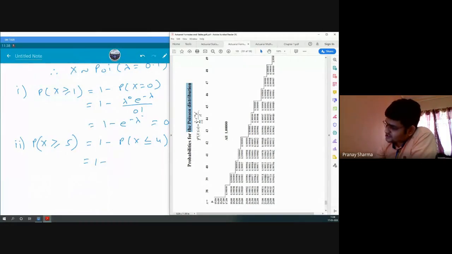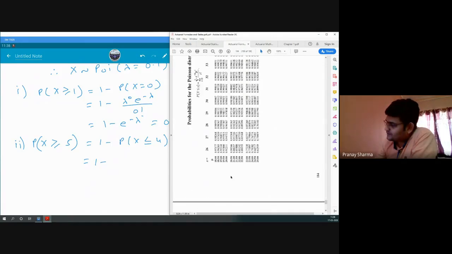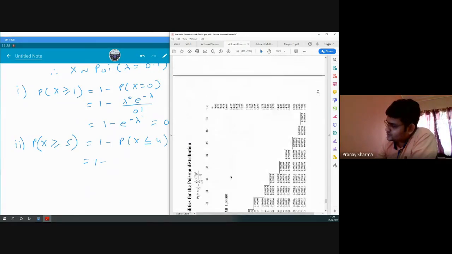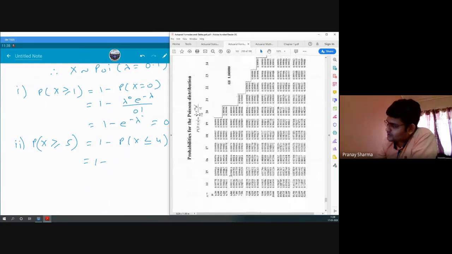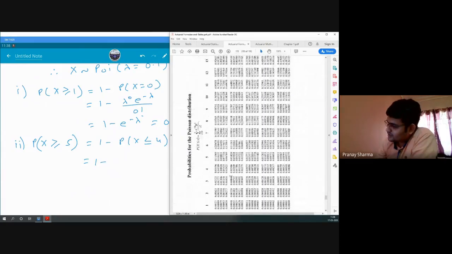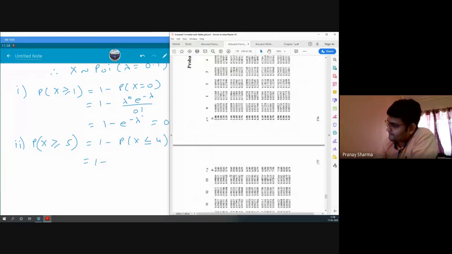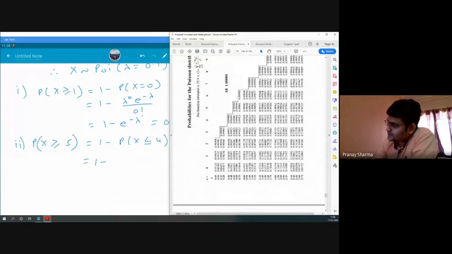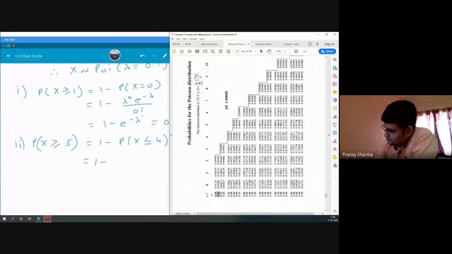In our Poisson distribution table, we have probability x less than equal to x. Instead of lambda, they have given mu here, so lambda is nothing but mu. We need less than equal to 4, but we'll have to find our mu. We go up, you'll find different mu's. We want 0.1. I don't know whether they have given for 0.1 or not. We keep on going, you will see the mu values are decreasing, and yes, we have 0.1.